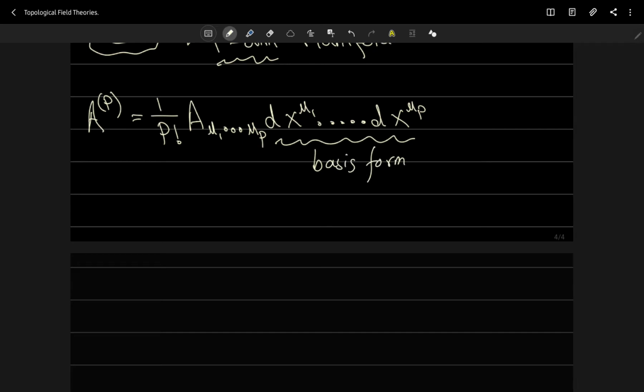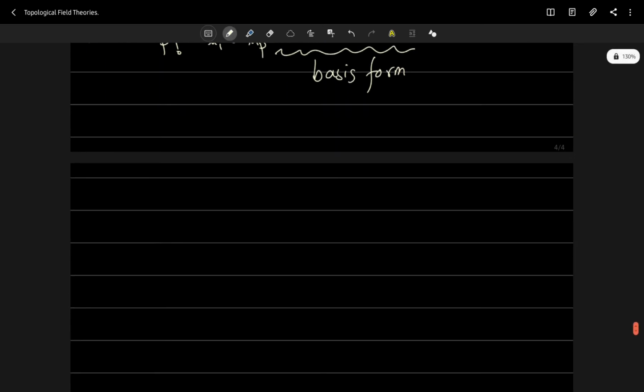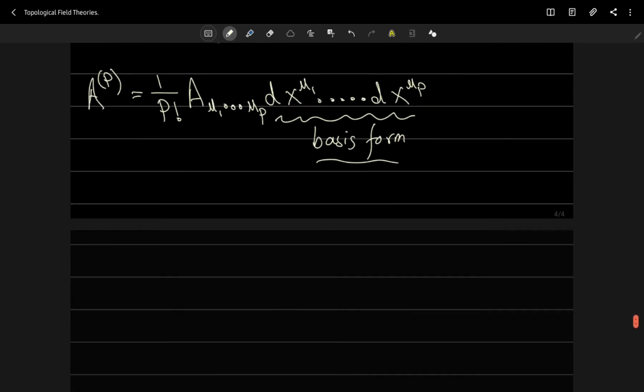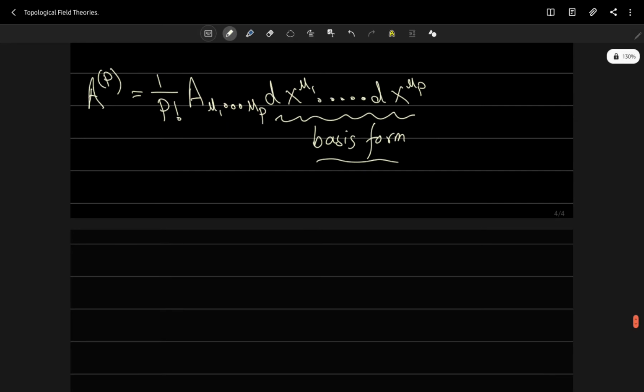So I was saying that this is coordinate invariant because the anti-commuting basis of the forms forms a well-defined integration measure over an oriented P-dimensional volume, right?